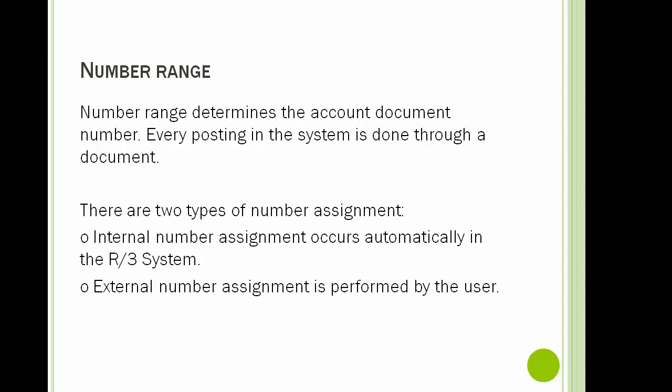Whereas external number is where we don't give an internal number range, but the user who will be doing the business transaction can give his own number to that particular document or voucher as he wishes.